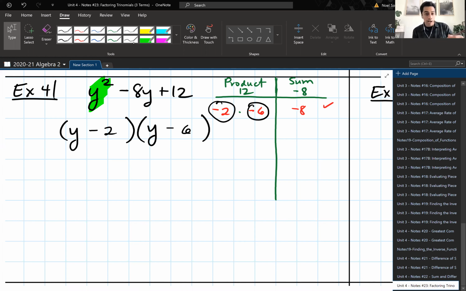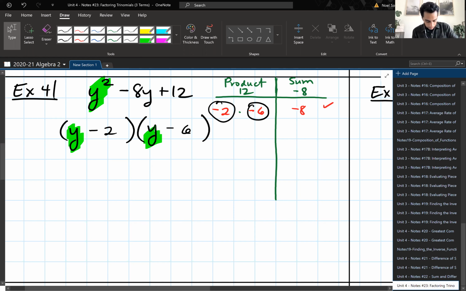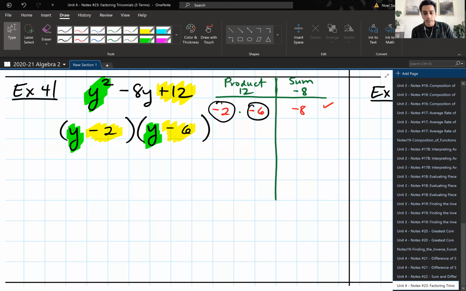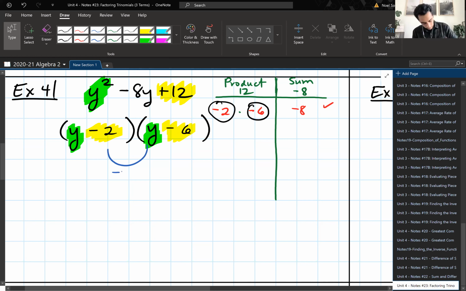So we'll do a real quick eyeball test. Y times y, we get y squared. Negative 2 times negative 6, positive 12. So all we do now is test for the middle term. Negative 2 times y is negative 2y. Y times negative 6 is negative 6y. And then when you add the terms, you get negative 8y.